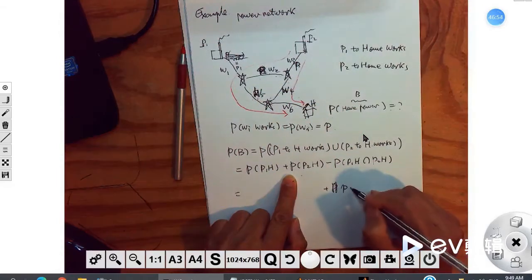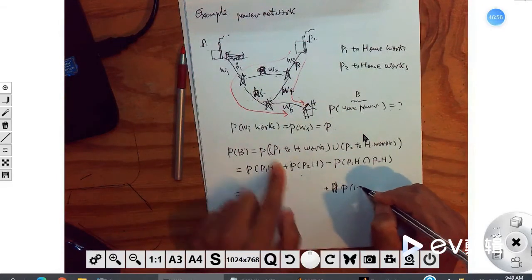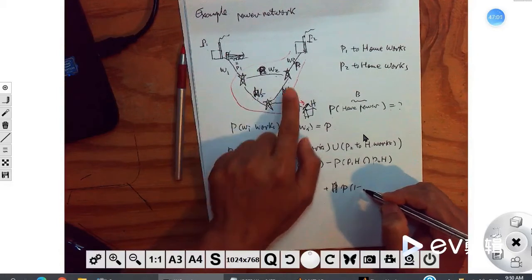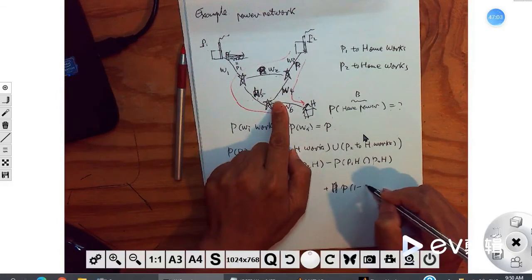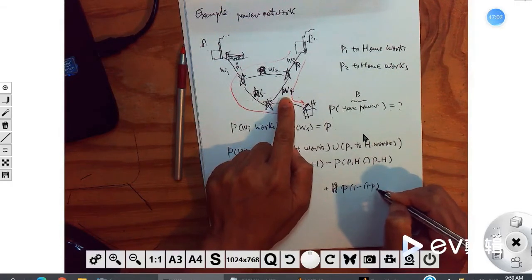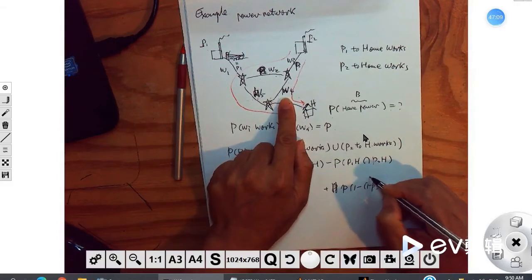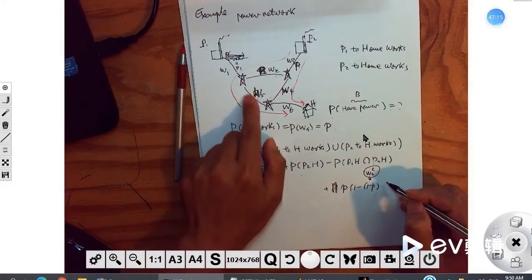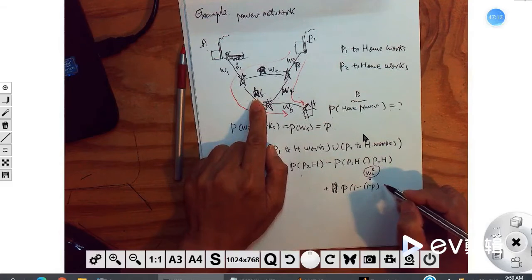I need to use 1 minus both don't work. So W2 doesn't work is 1 minus P. W4 doesn't work, it's 1 minus P. This is W4C, right? And here W2 and W4 don't work. So it's 1 minus P1, P2.